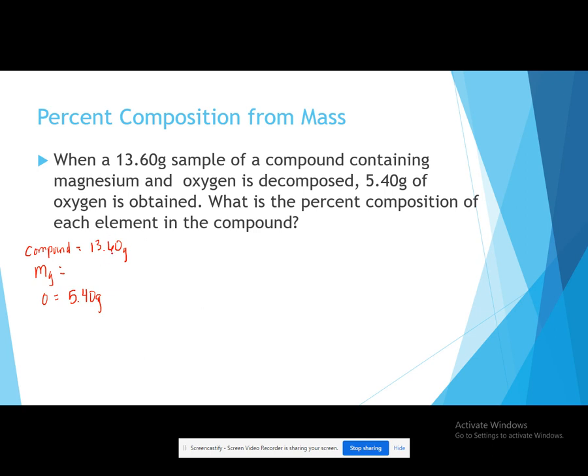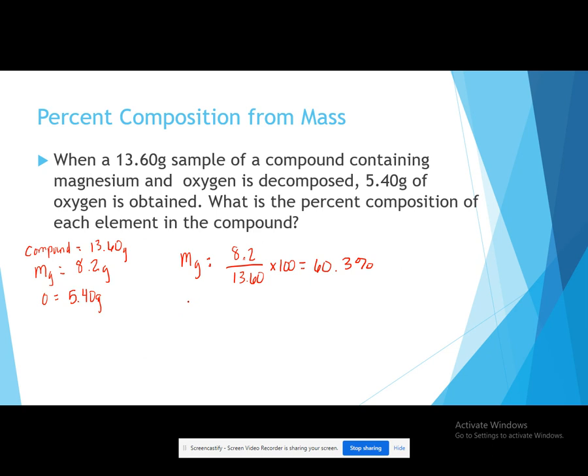One of the ways that you can do it is if the total compound weighs 13.6 and oxygen weighs 5.4, if you subtract those two amounts, you would hopefully get that magnesium is 8.2 grams. Okay. Then all you have to do for each element is take its mass, so 8.2 divided by the total, 13.60, times 100, and you're going to get 60.3%.